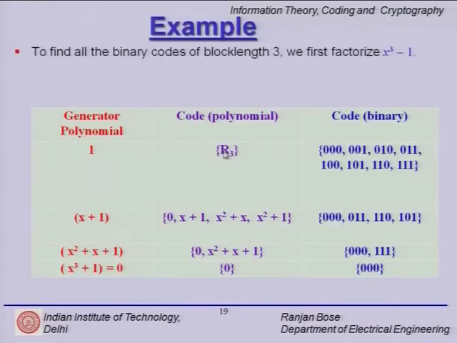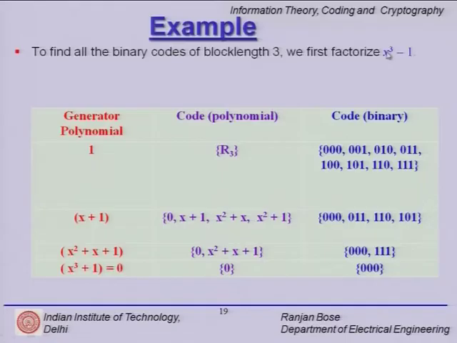Let us do a quick example to understand what we did so far. Suppose we have to find all binary codes of block length 3. So, block length 3 means n is equal to 3. So, we have to factorize x^n minus 1, where n is equal to 3.